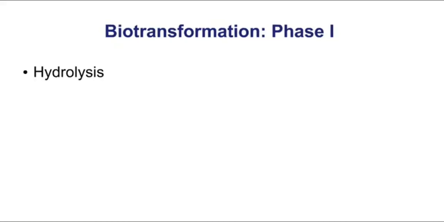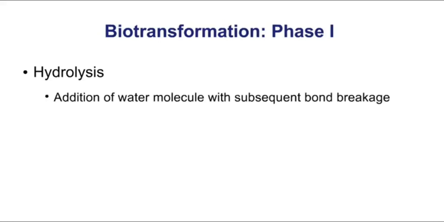Other phase 1 reactions that don't involve P450 enzymes include hydrolysis reactions, where you're adding a water molecule to break bonds within those drugs. Examples: esterases, amidases. If I think about the enzyme called pseudocholinesterase, this is an enzyme that breaks down the drug succinylcholine.